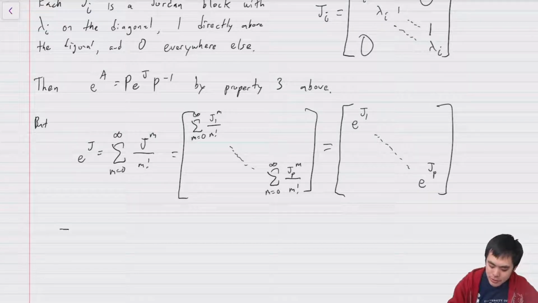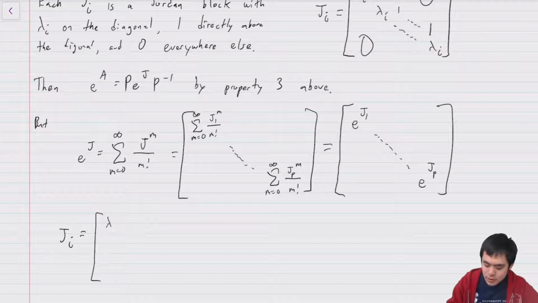So now suppose that J sub I is equal to lambda I through lambda I with 1's above.